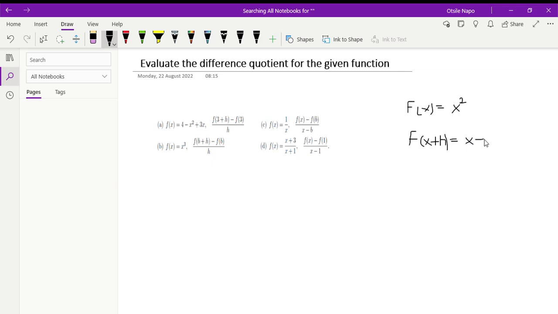We're trying to find the equation of f of x plus h, which here will give us x plus h, both in a bracket, squared. Then you can continue solving. It will be two brackets.